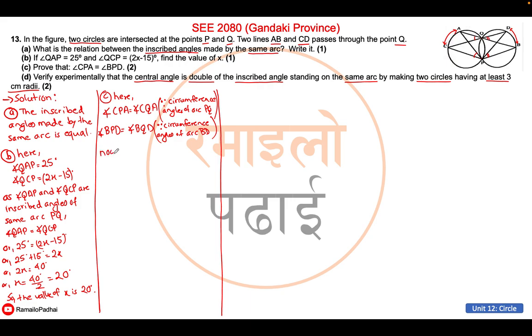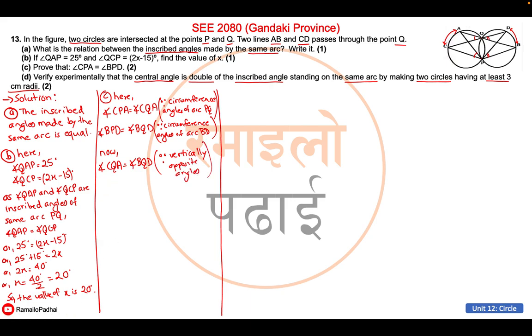Now angle CQA is equal to angle BQD. Why? Vertically opposite angles.